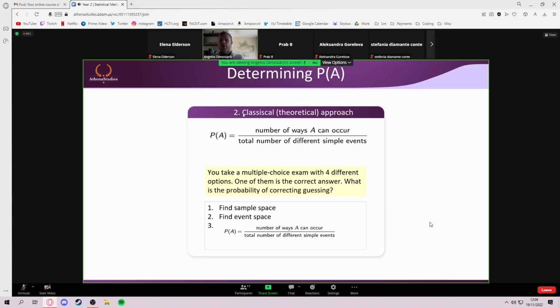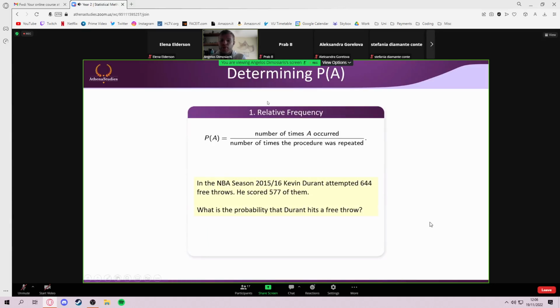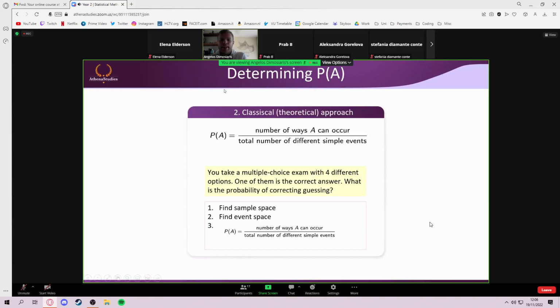Okay, so that means that we can continue. After the relative frequency, now we have the classical theoretical approach.